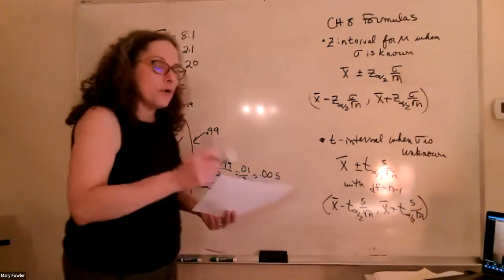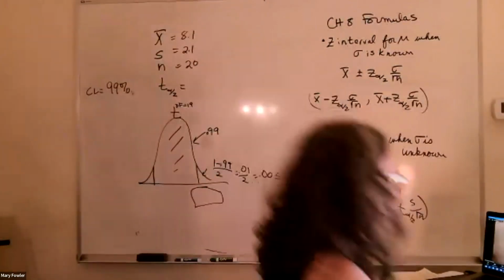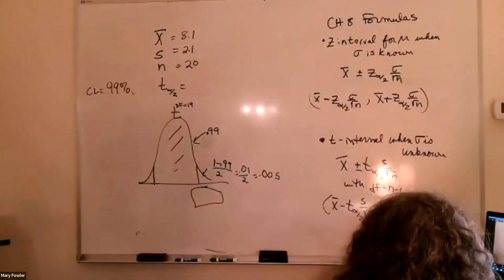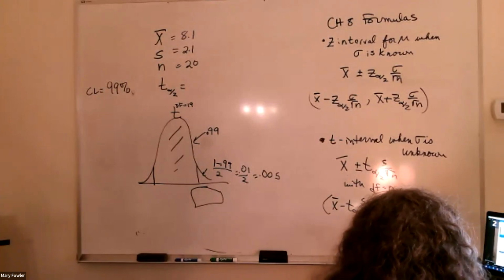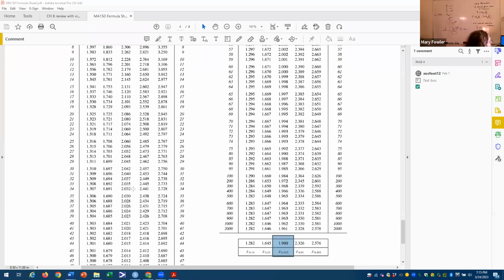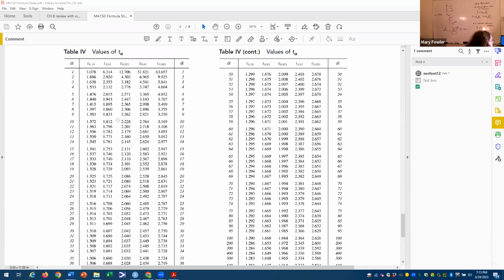So let's go on over to the t-table. Take a quick moment here. Remember, we're looking at 19 degrees of freedom, and we're looking at the rightmost column, t sub 0.005.